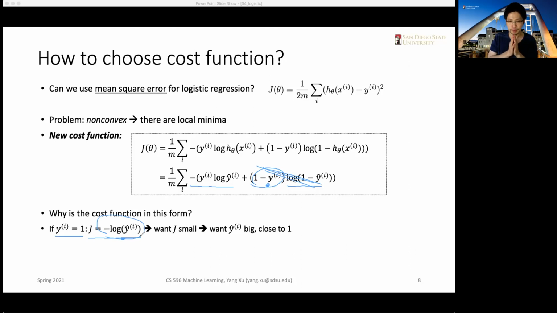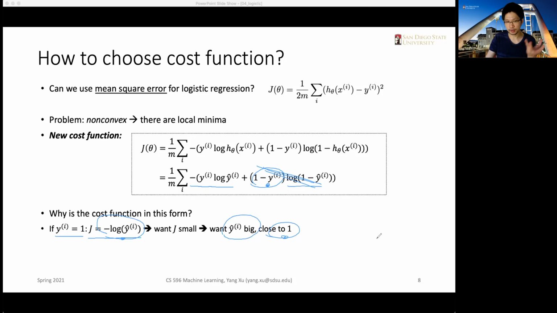So what would happen if we want the negative of a logarithm function to be small? The result is that y hat would be big. Only when y hat is big would the negative of logarithm y hat be small, because the logarithm function is monotonically increasing, but there is a negative flip. So we need bigger values for y hat, which means y hat will be close to 1.